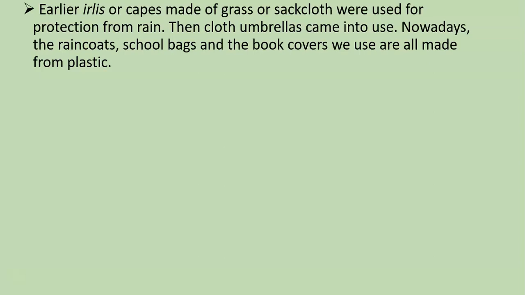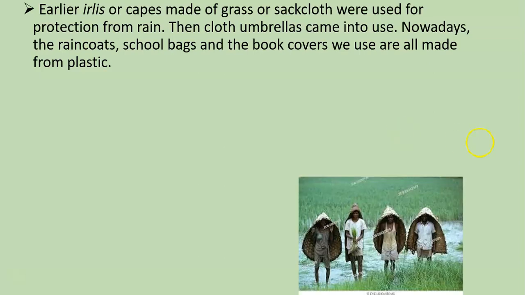Now, my dear students, in earlier days, people didn't have umbrellas or raincoats, so they used to make these irlis. You see this? This is called an irla. Singular is irla and plural is irlis. So they used to make these irlis from grass to protect themselves from rain.